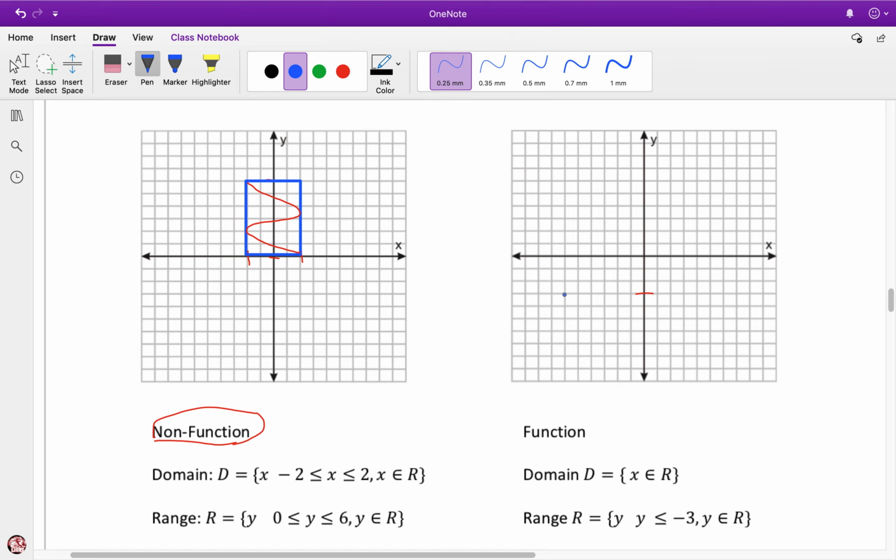So I can't draw a straight line. I could draw something like this, or something like this. Anything as long as it only goes up to here, plus it goes on forever sideways. So there are many you could draw there. But that's the main thing.